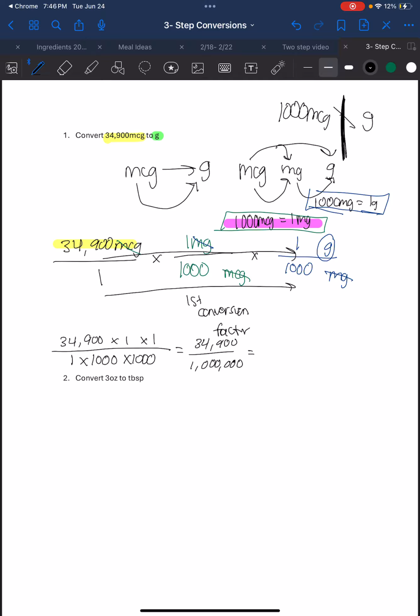And then you're going to divide 34,900 by 1 million, which is going to give you 0.0349. Then we're going to round this to the hundredths. The 4 is going to tell us to keep it the same because it's not 5 or greater. So your answer here should be 0.03 grams. Okay.